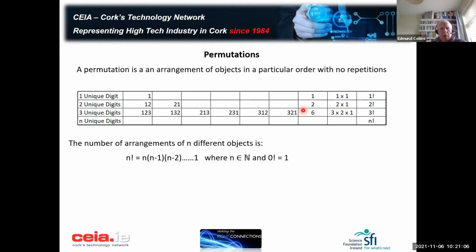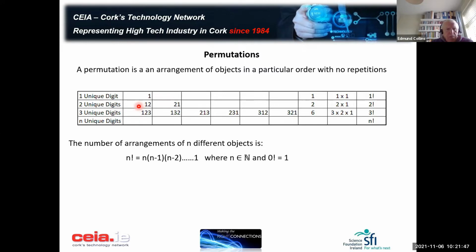So here's an example of a permutation. The definition of a permutation is an arrangement of objects in a particular order with no repetitions, and that's from the previous slide. So if we have a set with just one unique digit in the set, then the only possible permutation is 1. So we summarize this as 1 by 1, and we'll come to this last column in a minute.